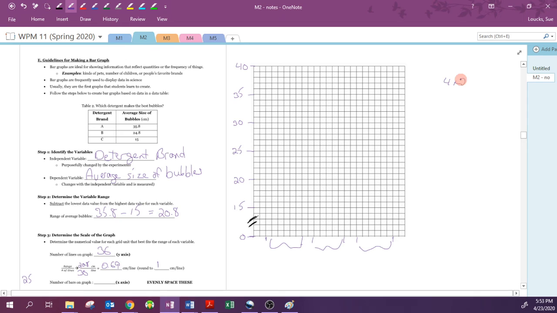So 4 times 2 is 8, and I need to subtract that from my 25, and that gets me 17. Yeah, 17. Then I'm going to do 17 divided by 3. That's 5 and a bit, 5 plus.